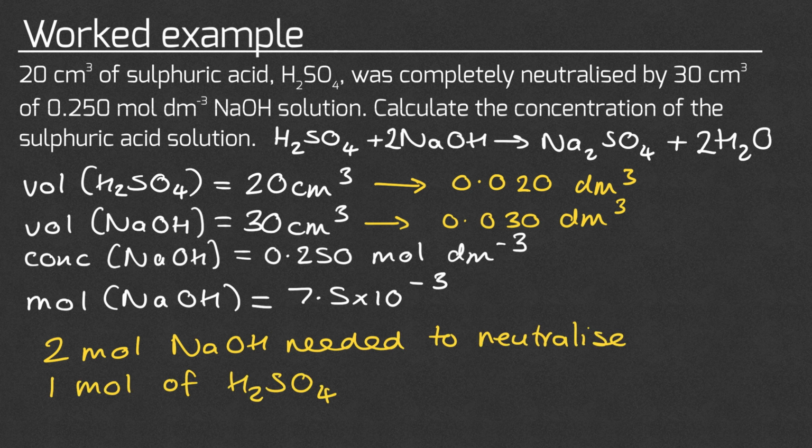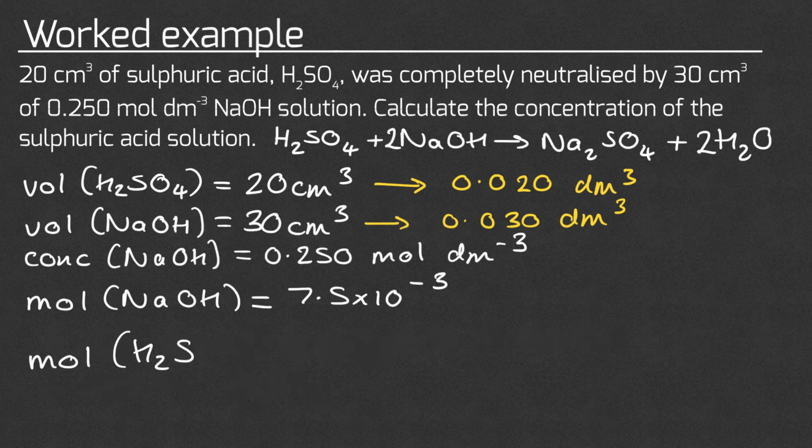So as we can see from the equation, 2 moles of sodium hydroxide are needed to neutralise 1 mole of sulfuric acid. So we need to take this ratio into account when determining how many moles of sulfuric acid we've got. So because of that ratio, we need to divide the moles of sodium hydroxide by 2, because there are 2 lots of sodium hydroxide for every 1 lot of sulfuric acid.